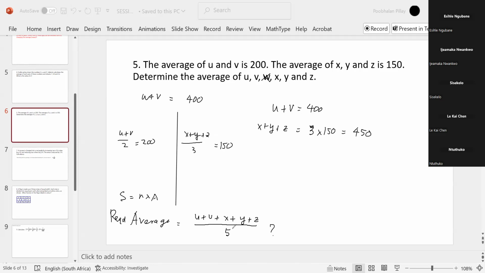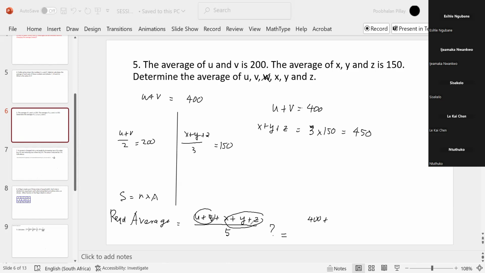So now we need to work this thing out. We've used all the information that is given. So you can see here, I'm adding all these. I already have that. So your required average, which is this, is actually, I can substitute straight away here now. U plus V is 400.